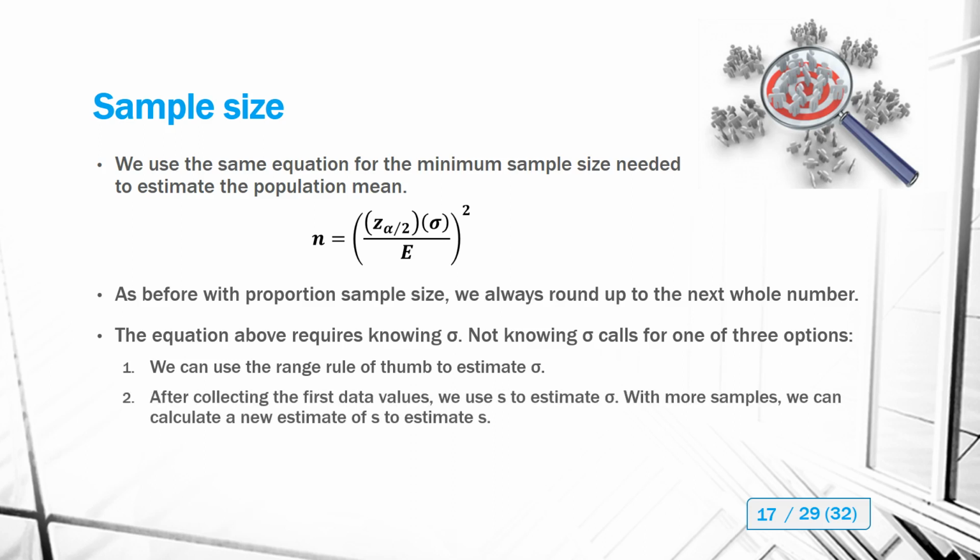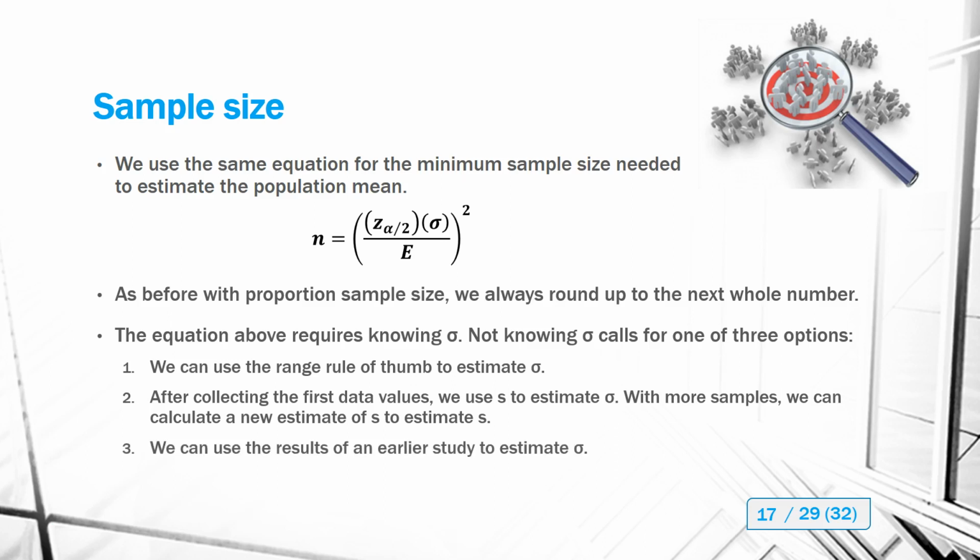Alternatively, we can use an iterative approach. We collect the first few samples and calculate our sample standard deviation from the information we've already collected. Then as we collect more data, we can refine that calculation and use it as an approximation of our population standard deviation.